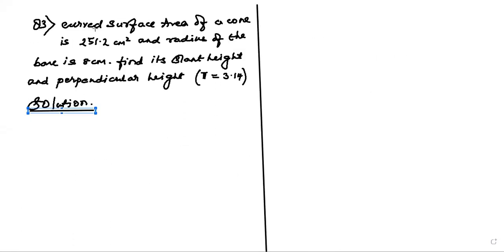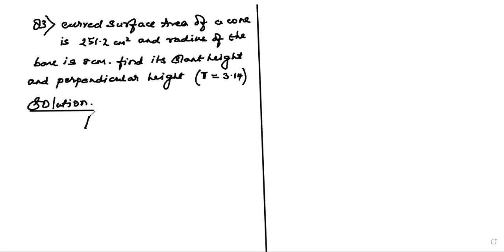Question number 3, children. Curved surface area of a cone is 251.2 centimeters square, and the radius of the base is 8 centimeters. Find its slant height and perpendicular height. I repeat, curved surface area of a cone is 251.2 centimeters square. That means we are talking about a cone.